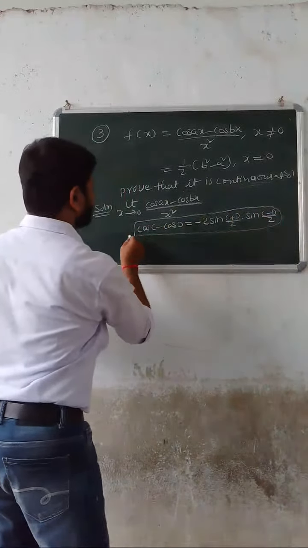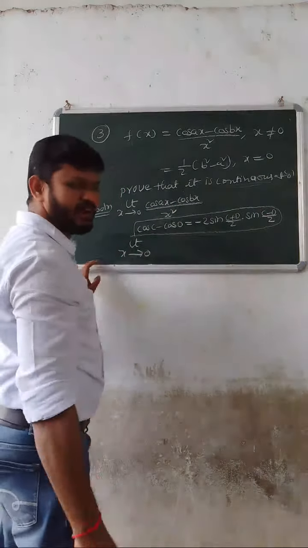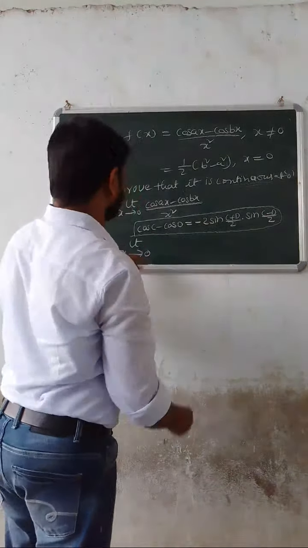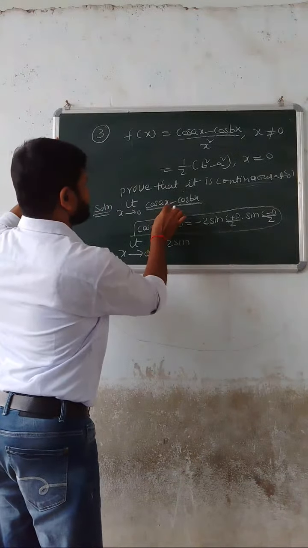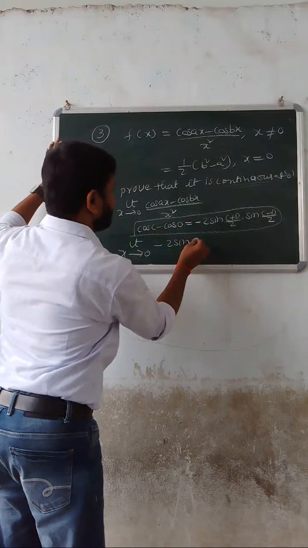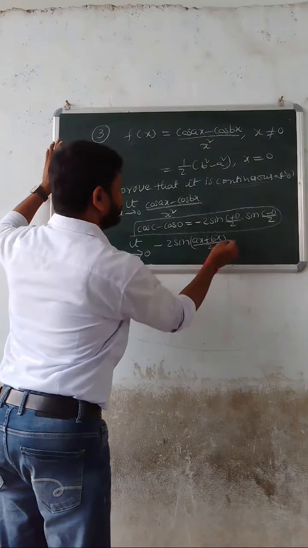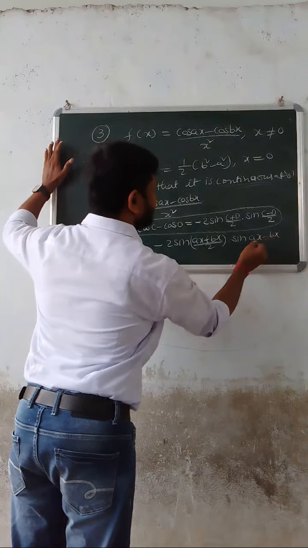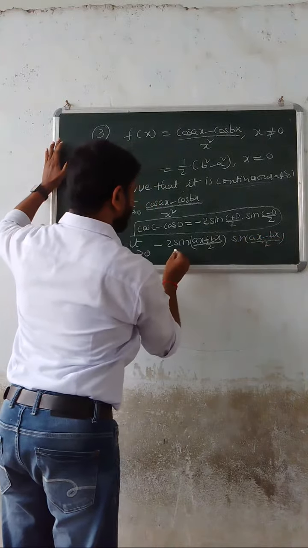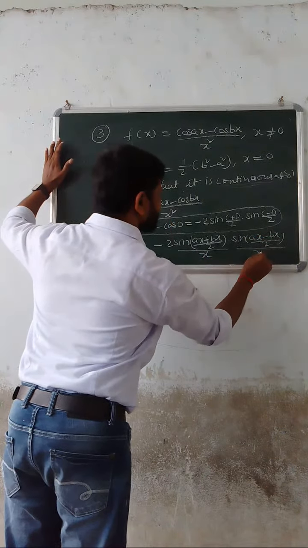Now we substitute the formula here. Limit x tends to 0 of minus 2 sin((a+b)x/2) sin((a-b)x/2) by x², where C is ax and D is bx.